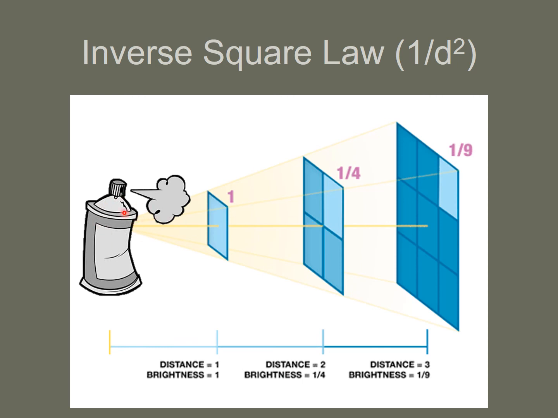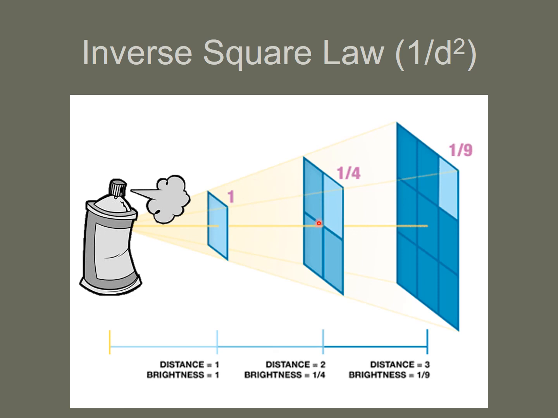So if I have a spray can here, and I press down the top of that spray can for 2 seconds, and I have a piece of paper that is 1 meter away, that cloud of spray paint is going to spread out over this square's worth of area, over this piece of paper, and so the colour on that piece of paper is going to be pretty intense.